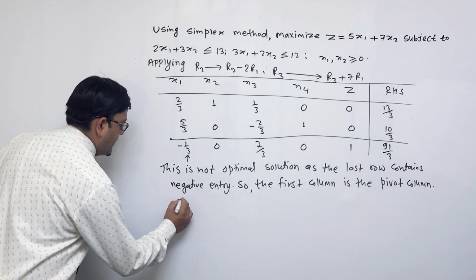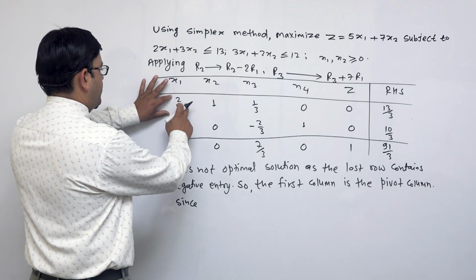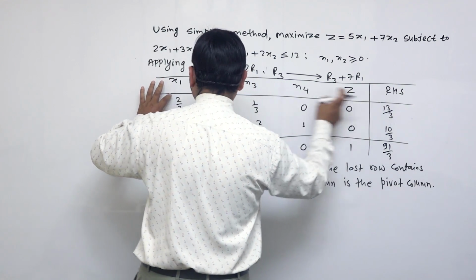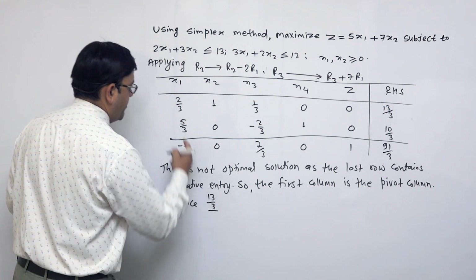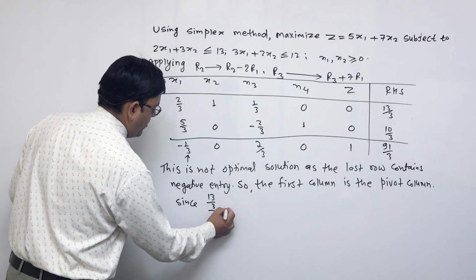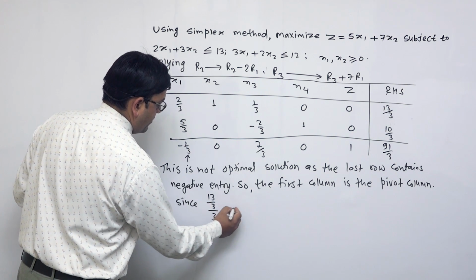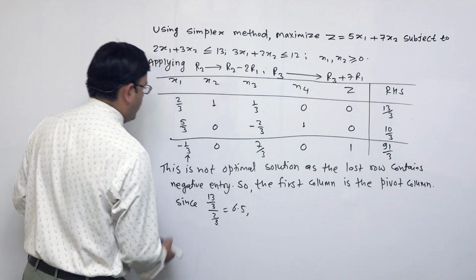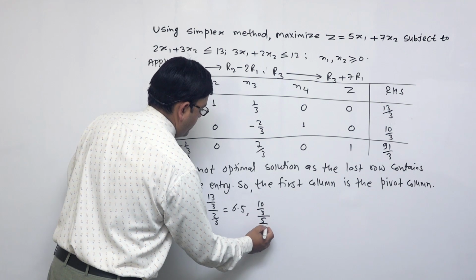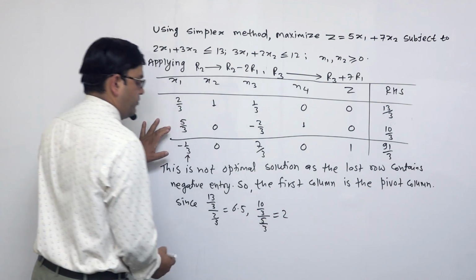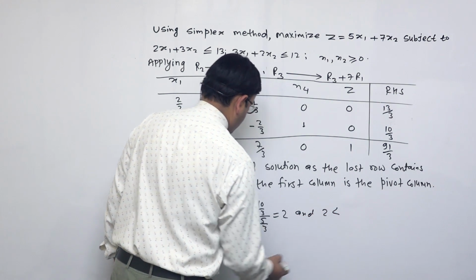Since now we have to find the ratio this divided by this. So 13 by 3 divided by 2 by 3 is equals to 3 cancel. 13 by 2 means 6.5 comma the next one is 10 by 3 divided by 5 by 3 cancel and it comes 2 and 2 is smaller than 6.5.